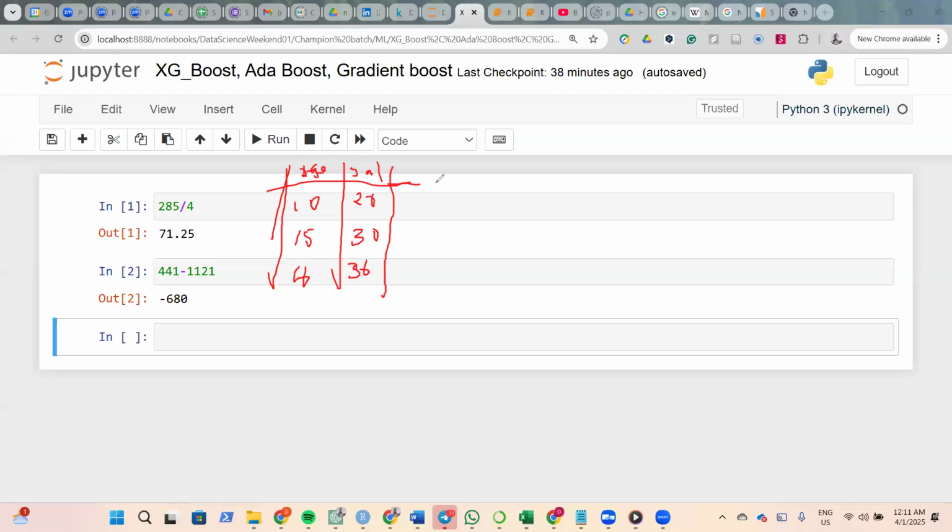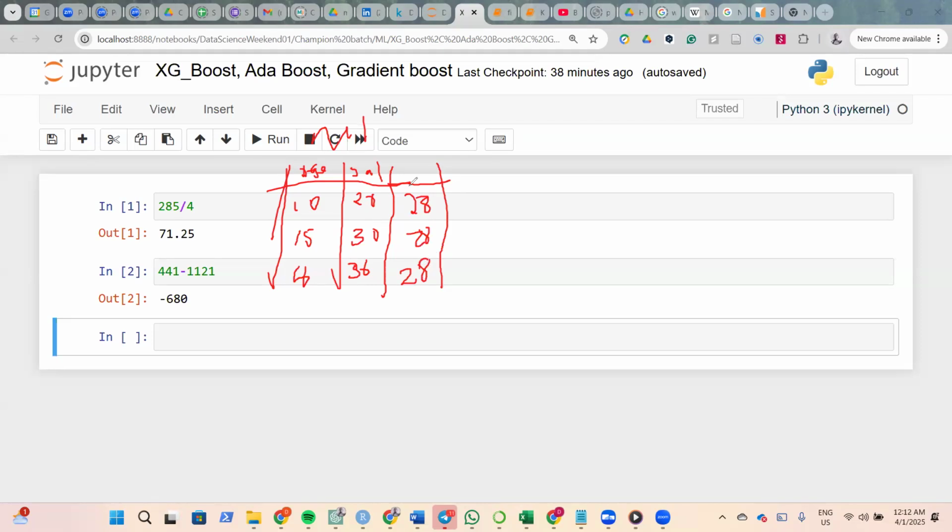And so what the first algorithm, M1, will do is calculate the average of this 20, 30, 36. 20 plus 30 gives me 50 plus 36 is 86. What's 86 divided by 3? 28.6. So let's just put 28, so that we avoid the 0.6, so that we don't confuse ourselves.